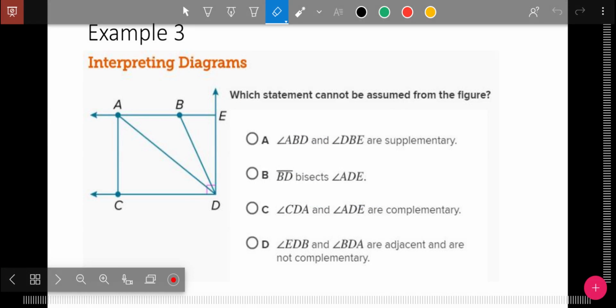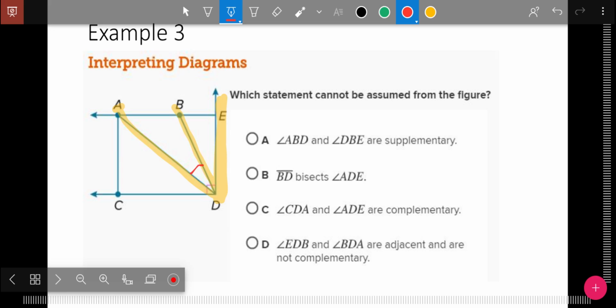Let's look at B. All right. B says angle ADE is bisected by that. And so does BD split it into two equal parts? Well, it certainly looks like it. Absolutely, it looks like it. But how would I know for sure they're equal parts?